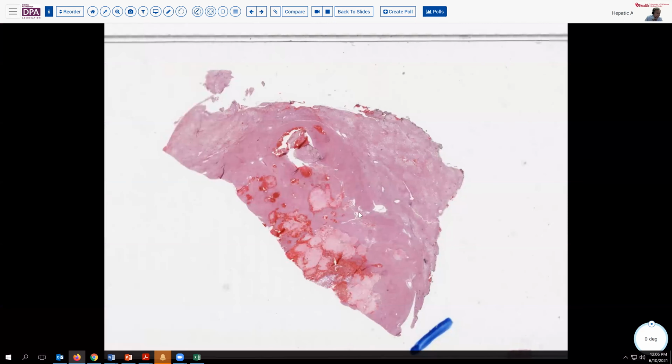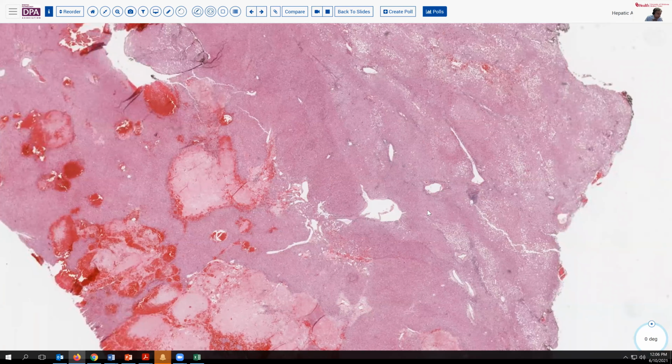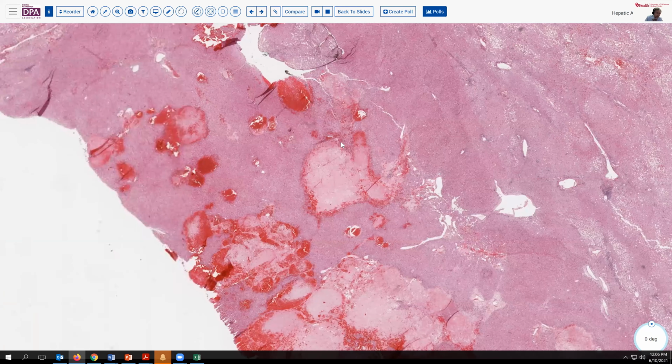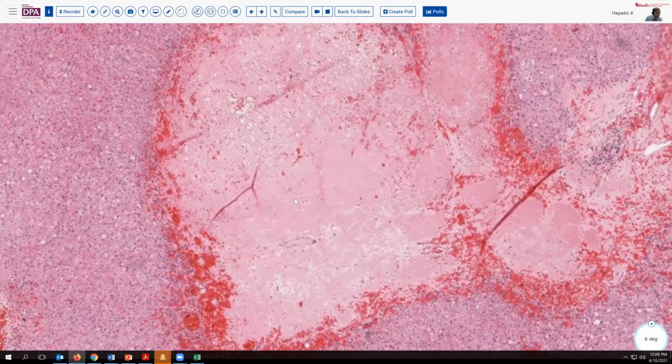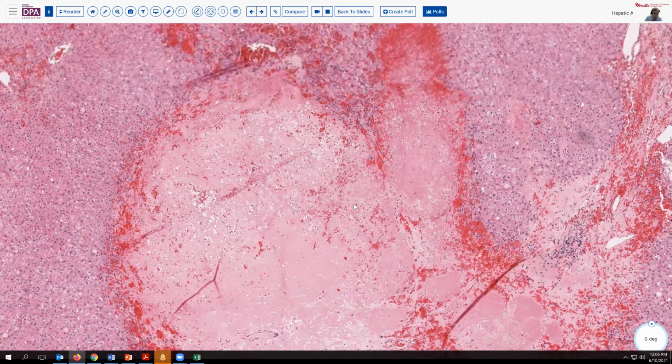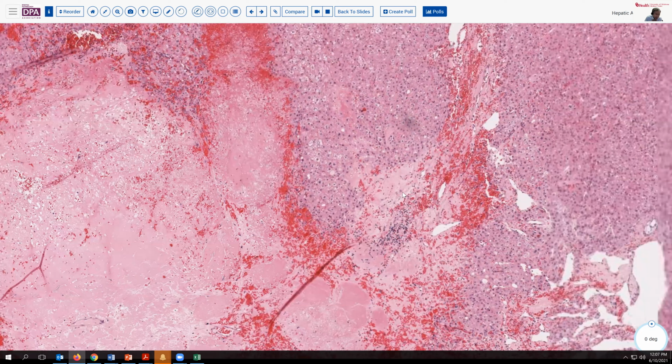Here's another example, this time illustrating how the margin is again not particularly sharply defined. In the middle of this, we can have these hyalinized fibrotic areas, maybe even sort of infarct-like areas. But as we look at the surrounding vascular structures, again, we're not seeing the bile ductular component.